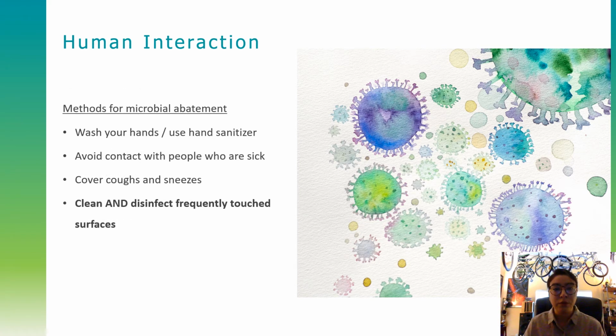So general methods for microbial abatement are obviously wash your hands, avoid contact with people, cover your coughs and sneezes. Again, we don't really have control over these things, but one thing we as a product manufacturer can help contribute to, and also you as designers or engineers who are fixing these spaces, is helping with how often the surfaces are cleaned and disinfected, because there are products that are essentially continuously cleaning and disinfecting that we can use.